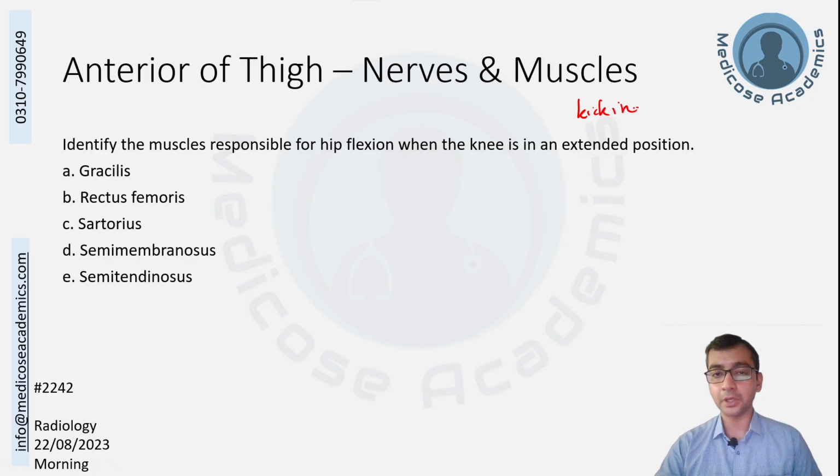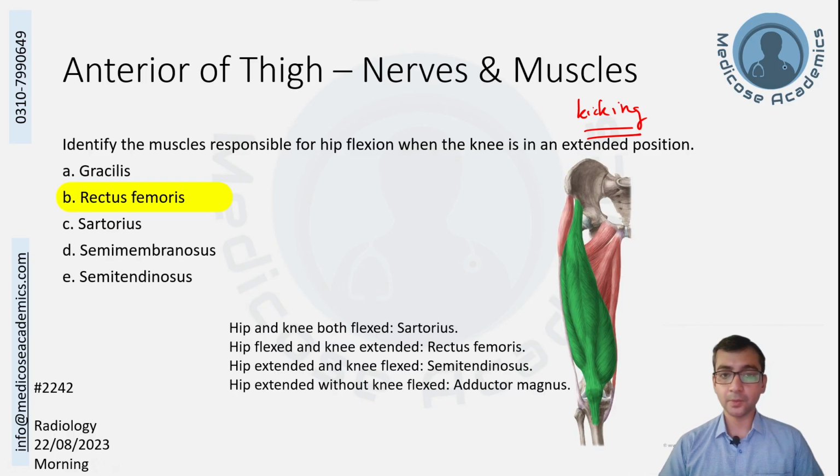Imagine kicking a football. So this muscle is also known as the kicking muscle. The correct answer is rectus femoris. It runs from the front, flexes the hip joint and extends the knee joint. You can be asked which of the following muscles is activated during kicking of a football, or is known as the kicking muscle.